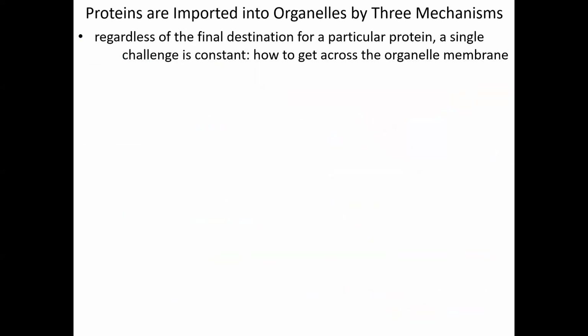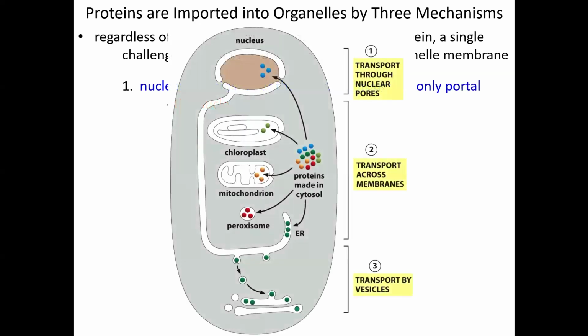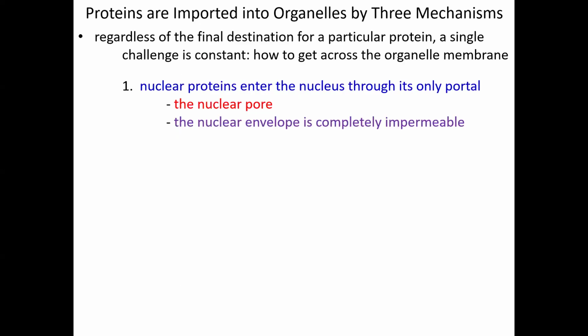Regardless of the final destination for a particular protein, a single challenge is constant between all of them, which is how to get that protein across a membrane. Well, a bunch of different strategies here as well. For the nucleus, we got to go through that nuclear pore complex that I mentioned earlier. That's the only way to get in and out of the nucleus, is to get through the nuclear pore. So that's one strategy that's specific to the nucleus.